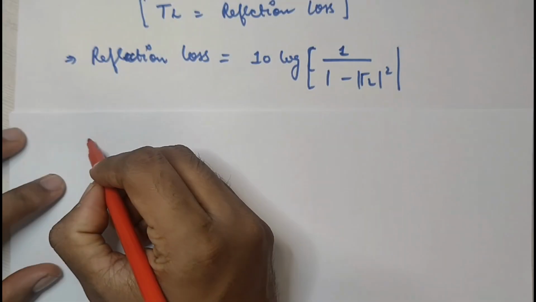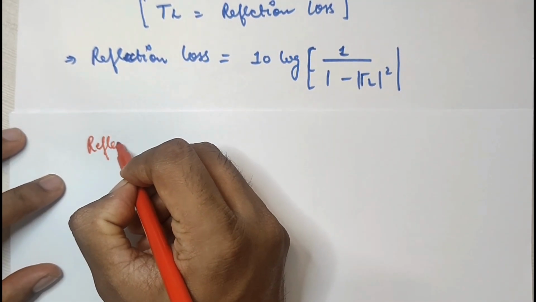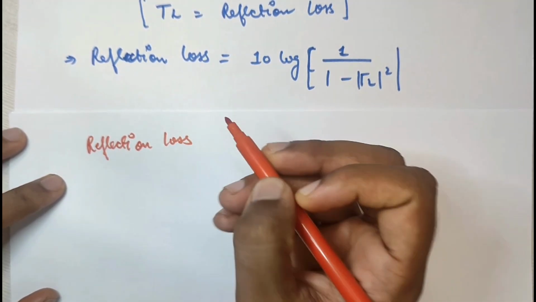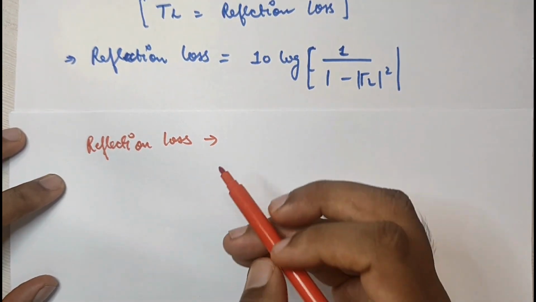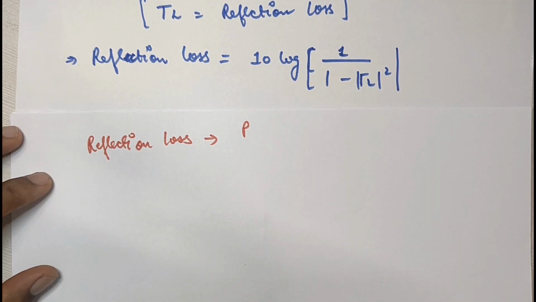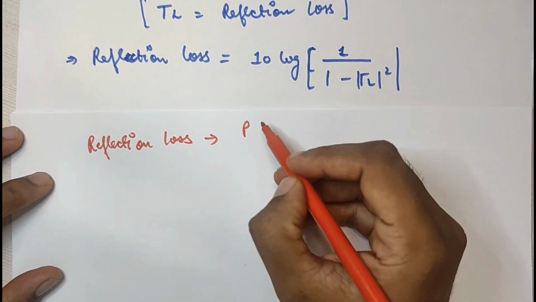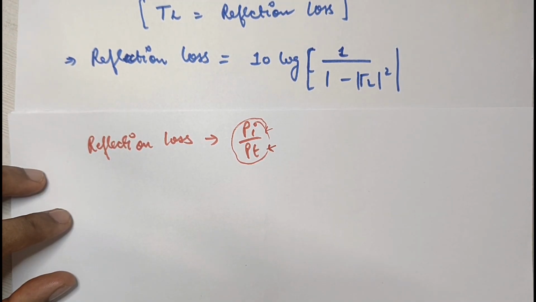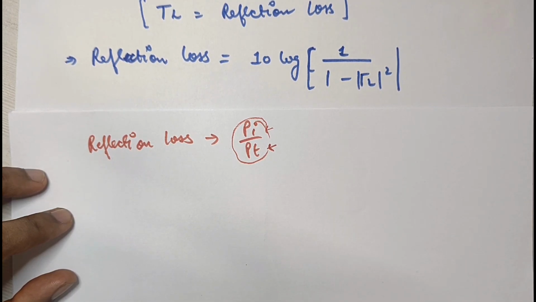So what is reflection loss? It basically measures the ratio of incident power to the transmitted power in decibels. It basically tells how much power was lost from the transmission perspective.